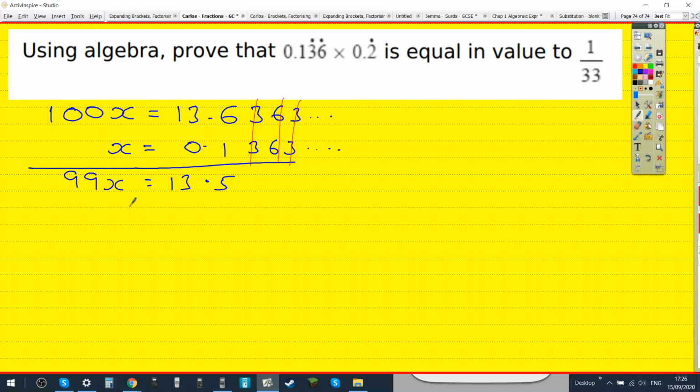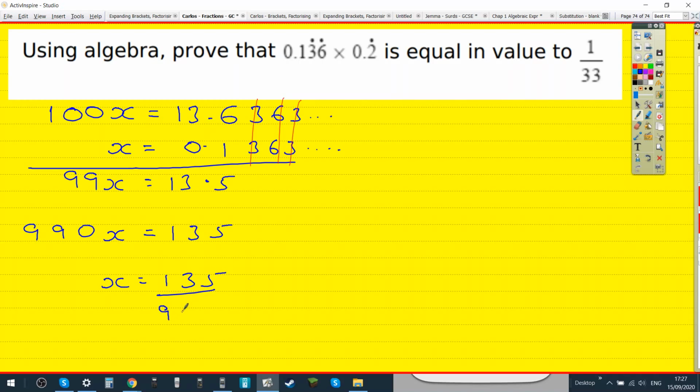And then you turn 13.5 into a whole number, so it would be 135, and 99 would become 990. And then as a fraction, it would be 135 over 990.